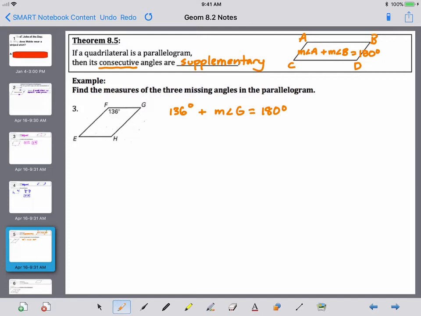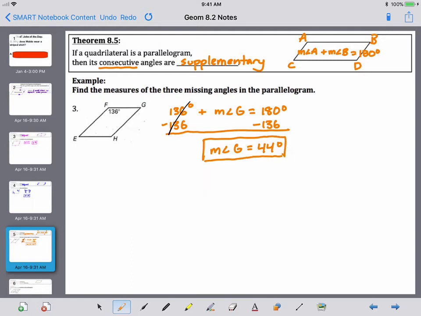I want to figure out the measure of angle G. To do that, we're going to subtract 136 from both sides. These cancel, and we end up with the measure of angle G is equal to 180 minus 136, which is 44 degrees.